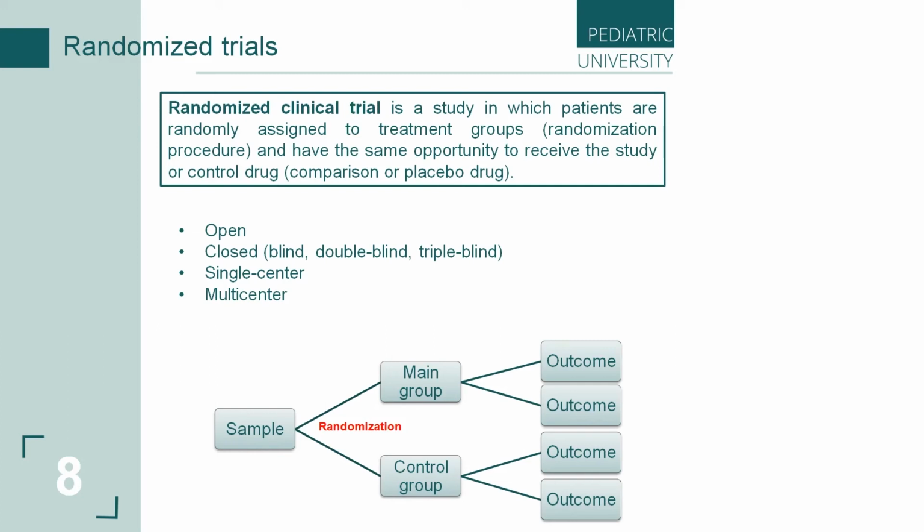which intervention was done. Also, studies can be single center, when there is one clinic, and multi-center, when the study takes place in several clinics, maybe even in several countries. We can take patients, we can take studies, we can take practical data from different clinics.